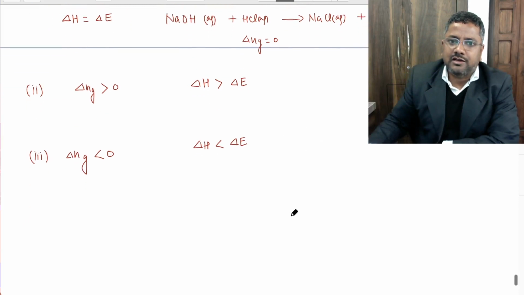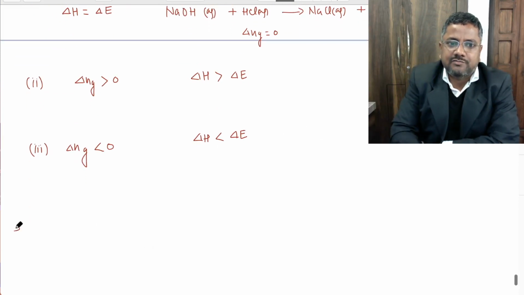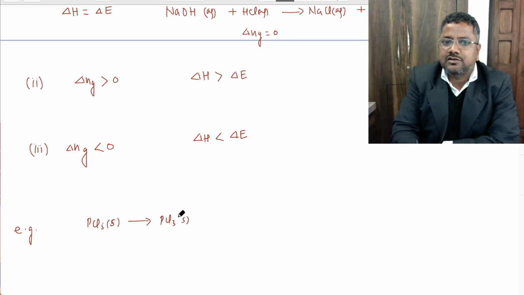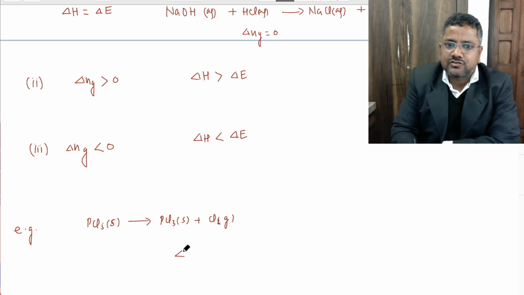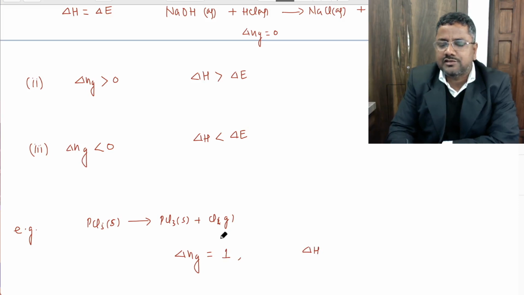Suppose one example is given: PCl5 solid dissociates into PCl3 solid plus Cl2 gas. What is the relation between delta H and delta E? First evaluate delta Ng, this is equal to 1. So what is the relation?